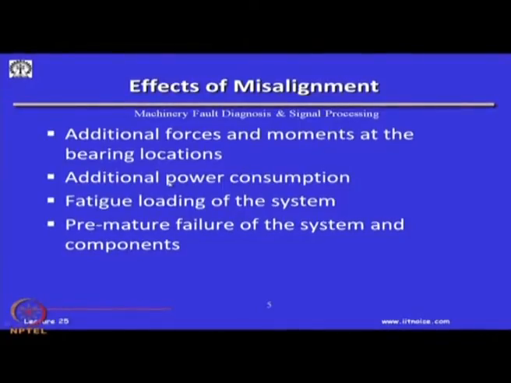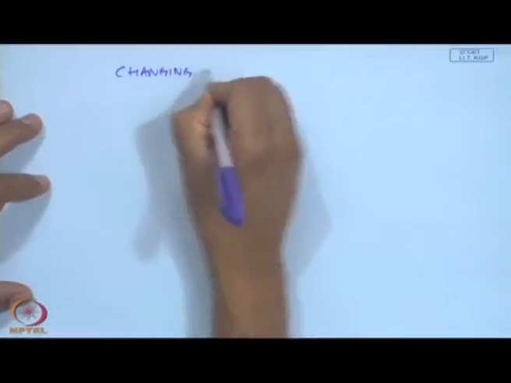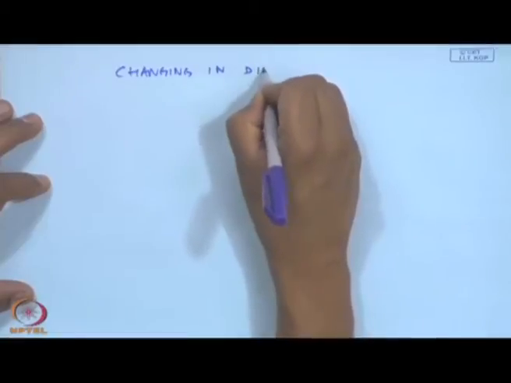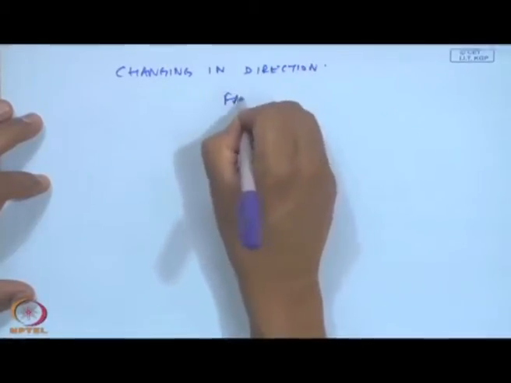Obviously, if additional forces are coming, they will oppose the system. So, once they oppose your load, we are going to have additional power consumption in the system, and because these forces are changing in direction at every rotation, they will induce fatigue load.